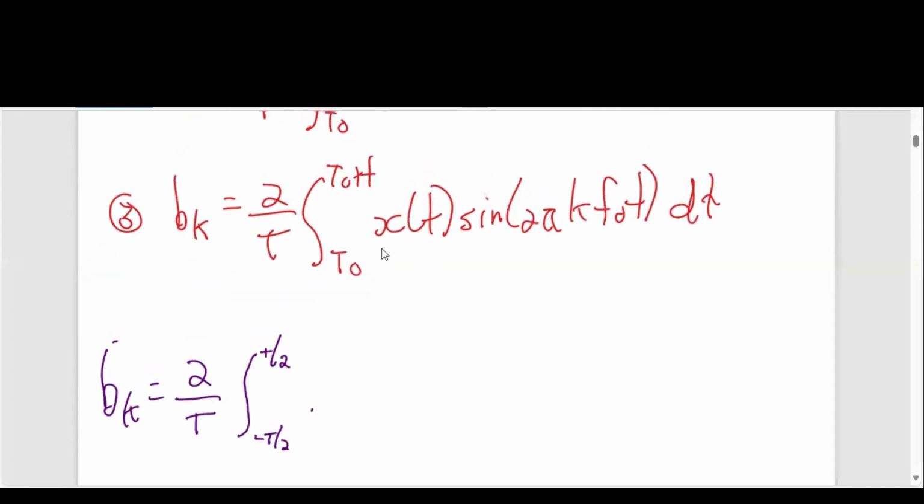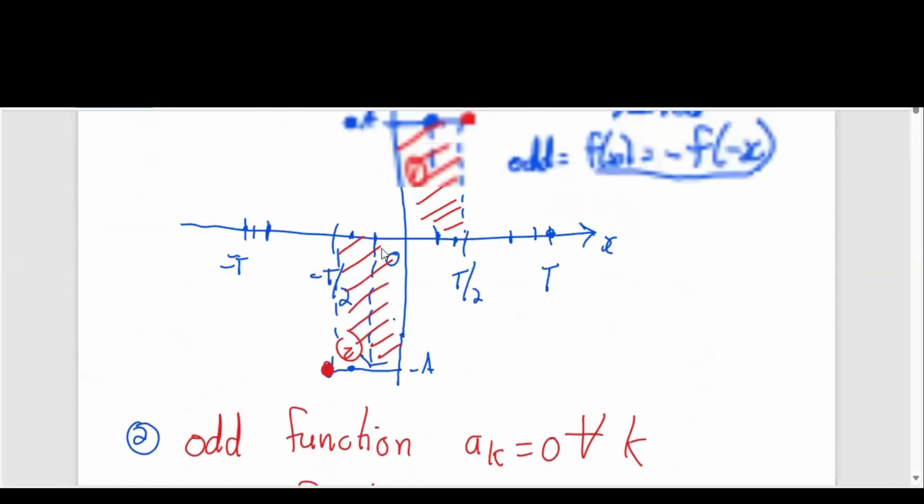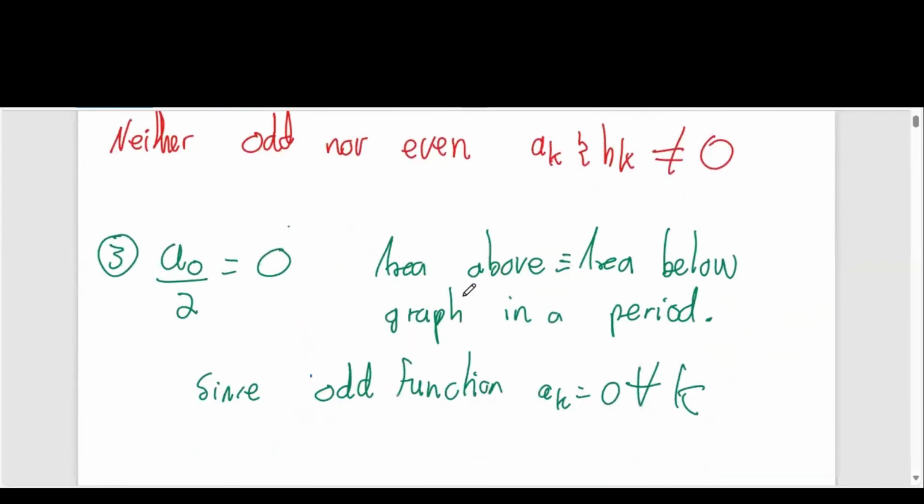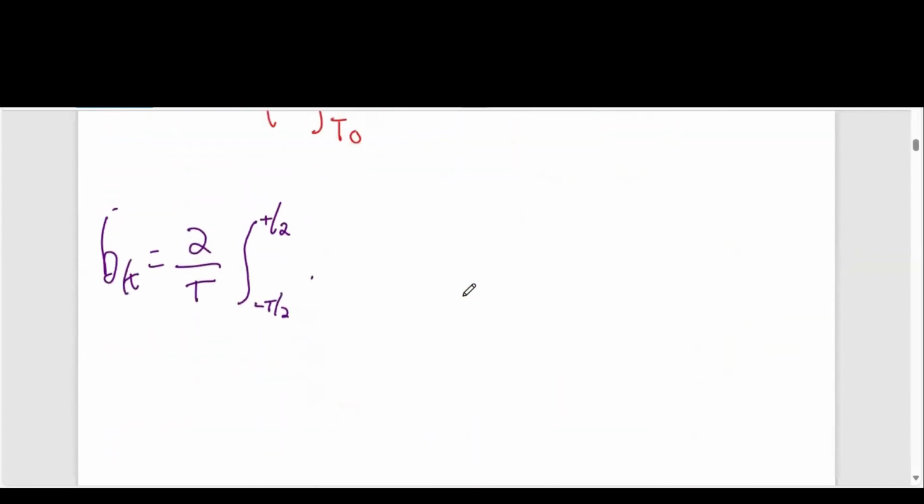That is one repetition of the graph. If you look back, it starts at minus T on 2 and ends at T on 2, so that is the period you have to integrate. So x of t by sine 2 pi k f naught t dt.